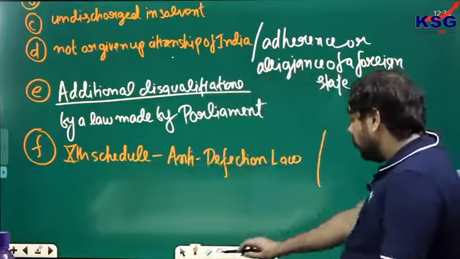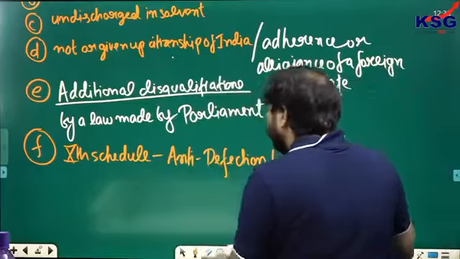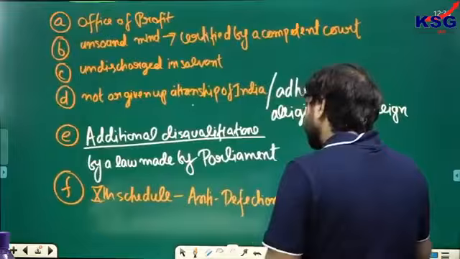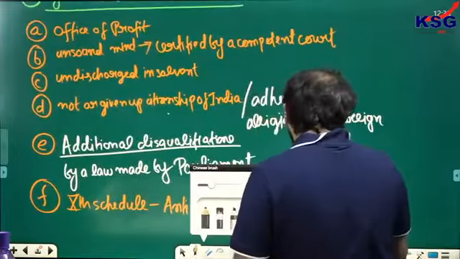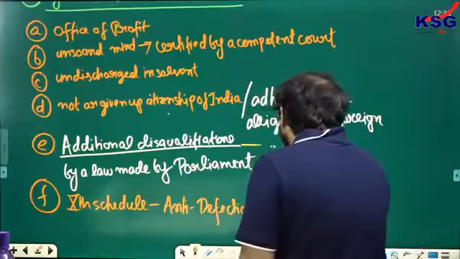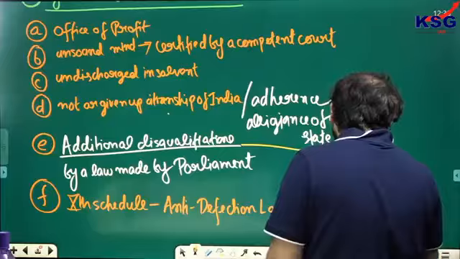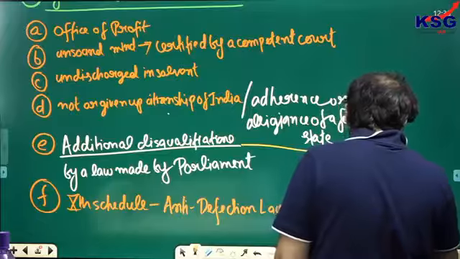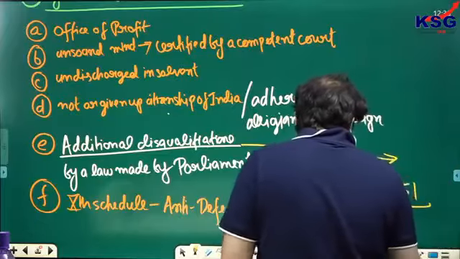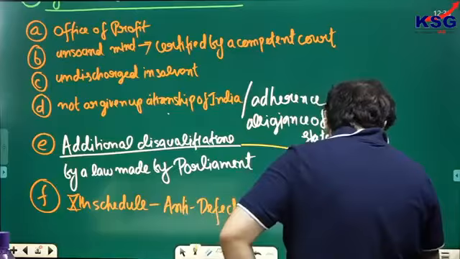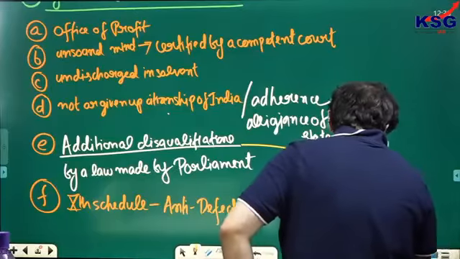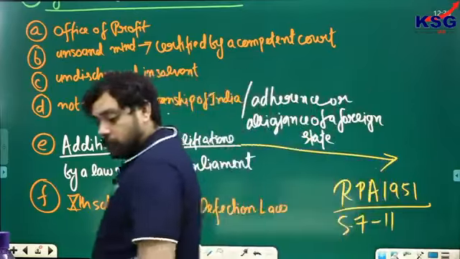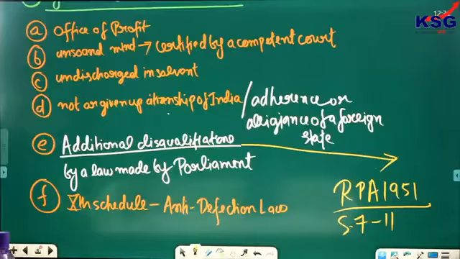So this is where we have 6 points under which a person can be disqualified. And within these 6 points, we are going to take up the 5th point, in which we will discuss additional disqualifications made by the Parliament under RPA 1951, which is from section 7 to section 11. Please take a look at this. These are the 6 grounds upon which a person can be disqualified.